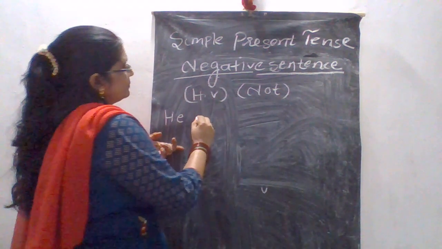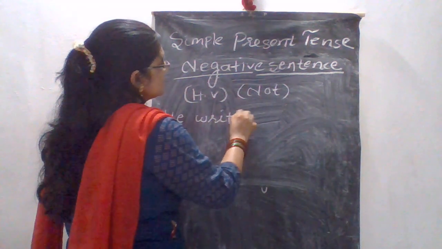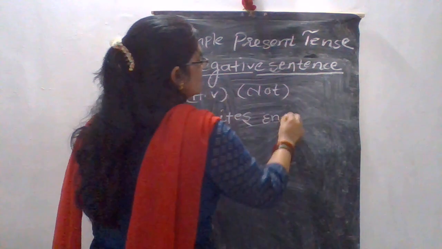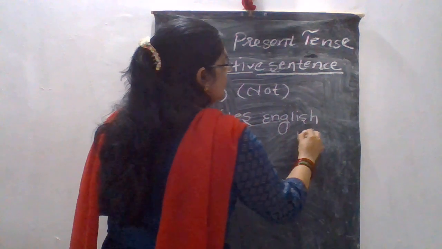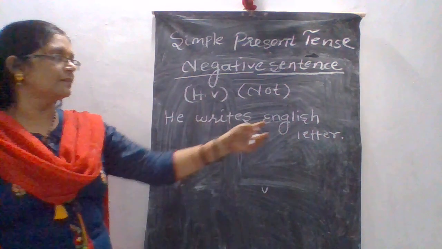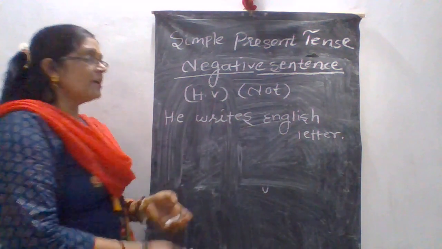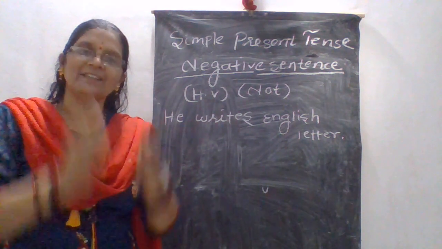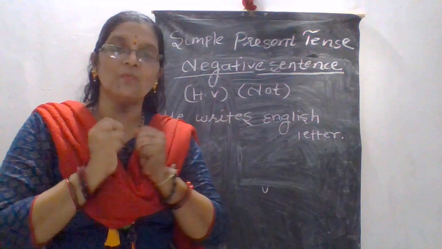First of all, just see, by writing a sentence I am giving you a trick. He writes English later. First of all, identify the verb. As I told you, whenever we are making sentences in a tense, the most important thing is the verb.